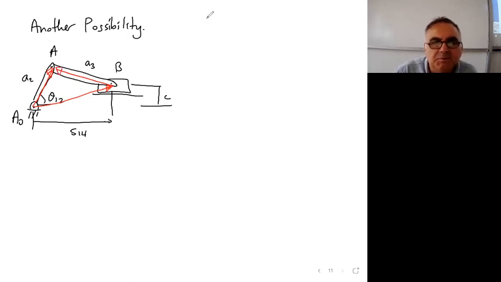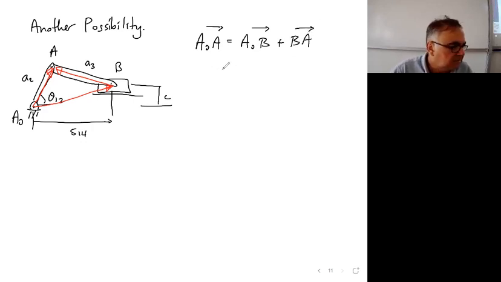This is also possible. So A0A is equal to A0B plus BA. Now BA is a vector that starts from B and ends at A. So we have to define an angle for that, and that will be this angle.